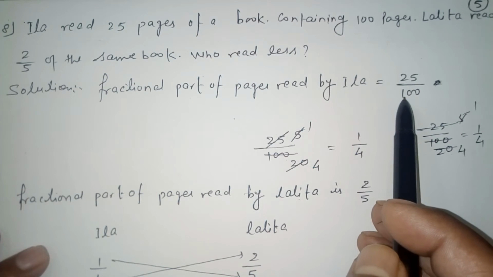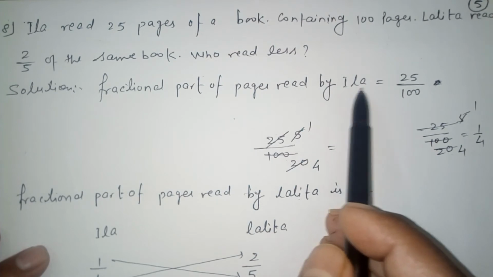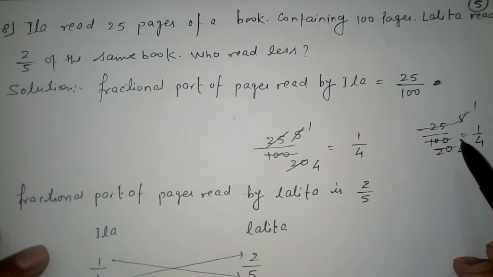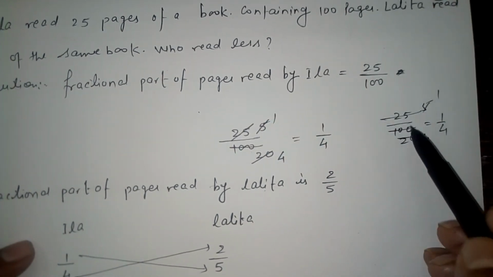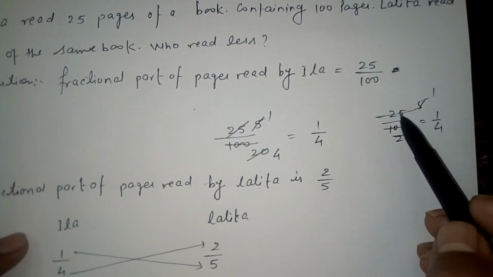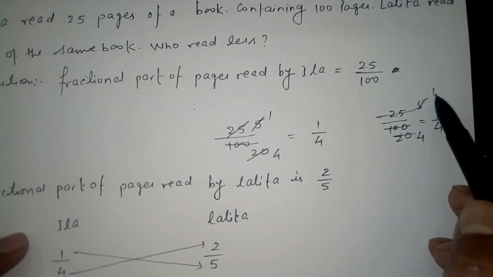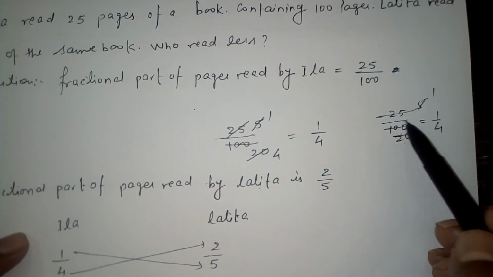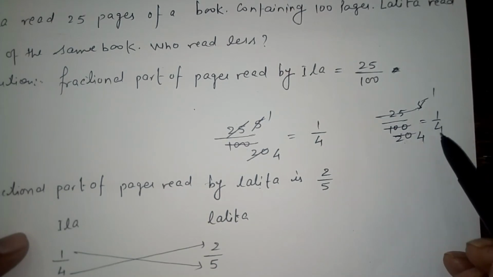The fractional part of pages read by Ella is 25 upon 100. Now let us discuss the simplest form of 25 upon 100. As you are looking, 5 fives are 25 and 5 twenties are 100. The simplest form of 25 upon 100 is 1 upon 4.